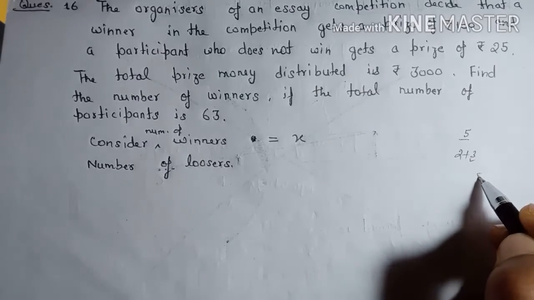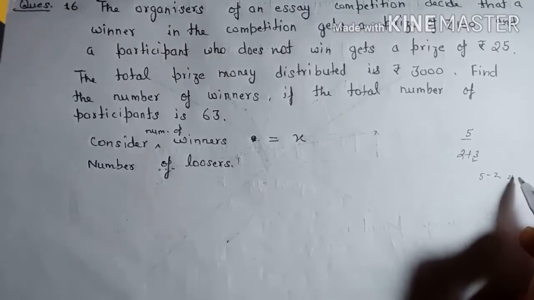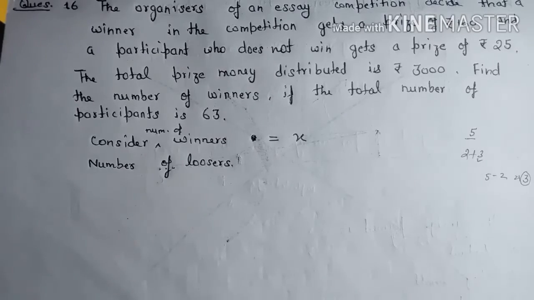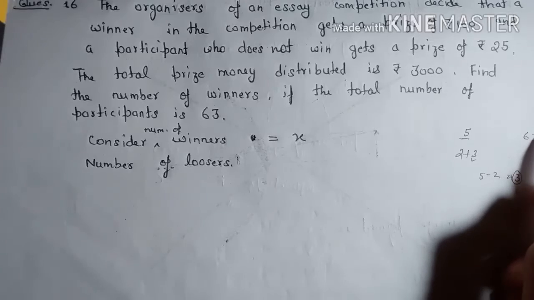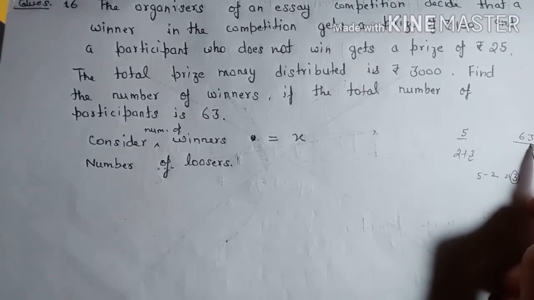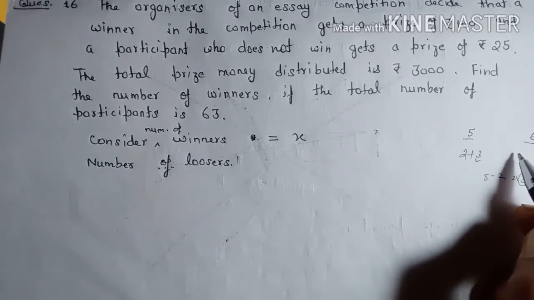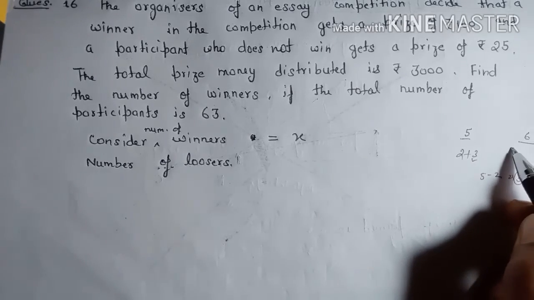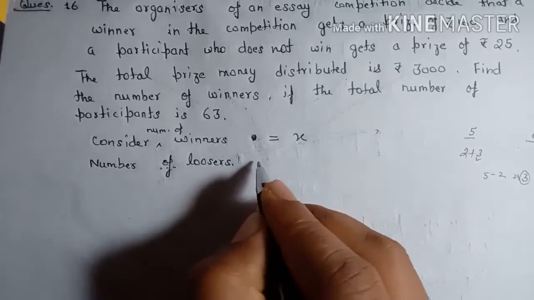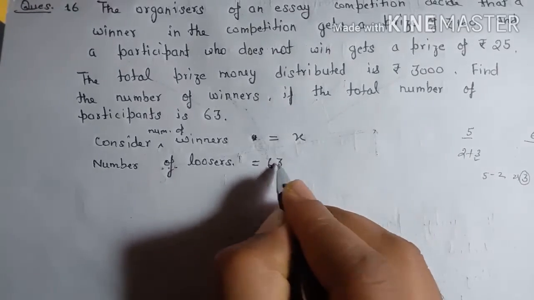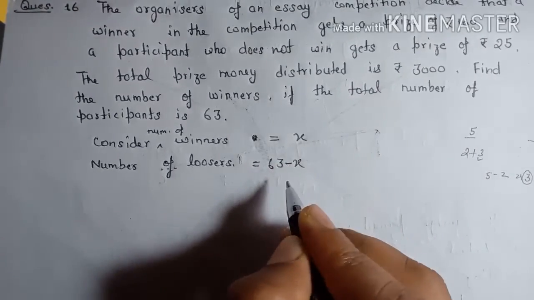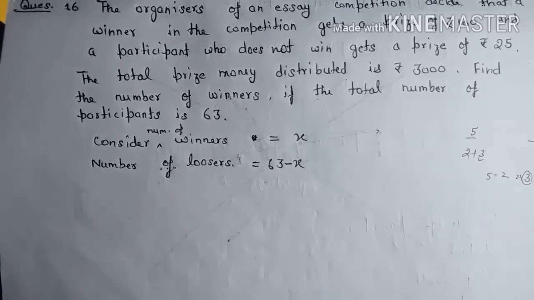You just subtracted 2 from 5 and you got your answer. The same thing we have to do. If total number of students is 63 and out of them x are winners, so how many are losers there? Subtract this x from 63. So total 63 minus x students are here who are losers.